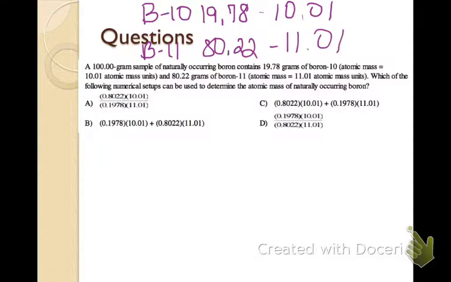Sorry, that's really big, it's kind of hard to do. So I took all those numbers, put them over here. We can assume that since it's out of a 100-gram sample that these would be our percents.